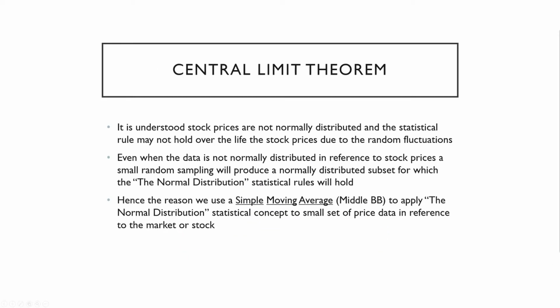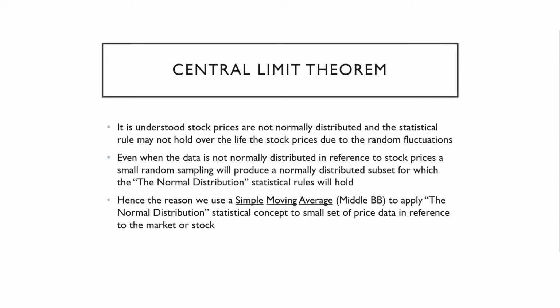Now they also have something called the central limit theorem. It is understood stock prices are not normally distributed, and the statistical rule may not hold over the life of the stock prices due to the random fluctuations.